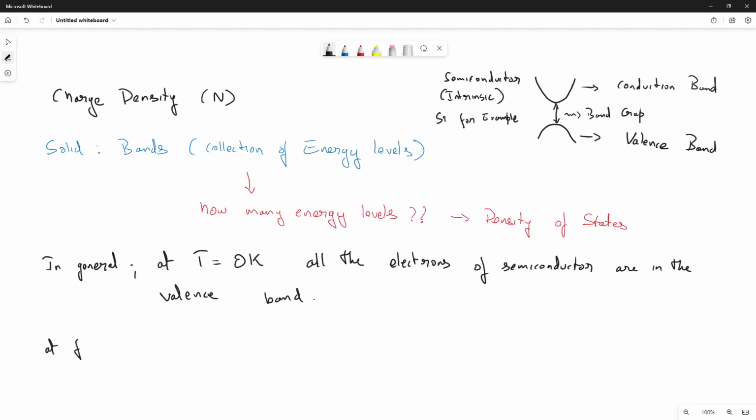At finite temperatures, the electrons enter the conduction band through thermal excitations.